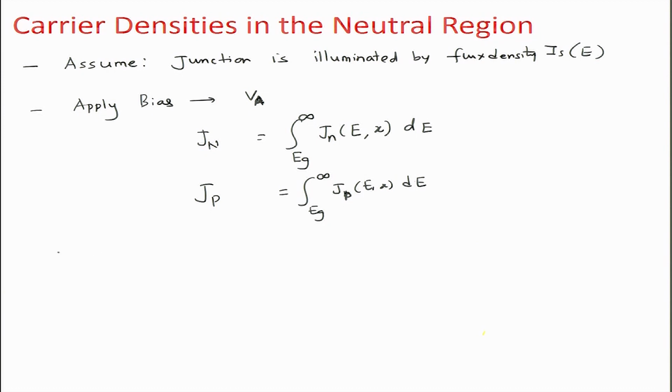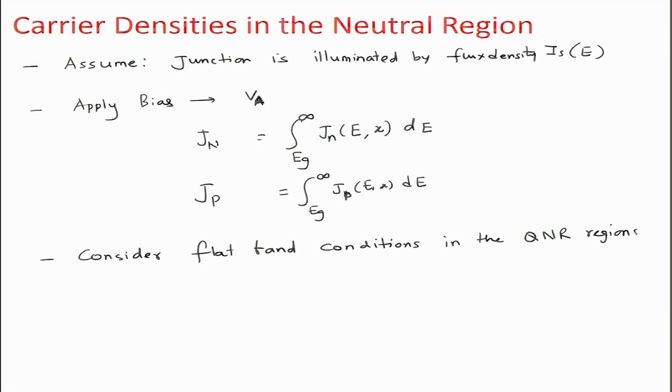And then we consider flat band conditions in the QNR regions, that is, electric field is equal to 0, and we consider linear recombination. And what does that mean?